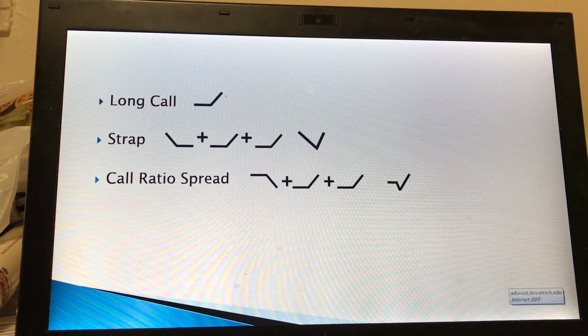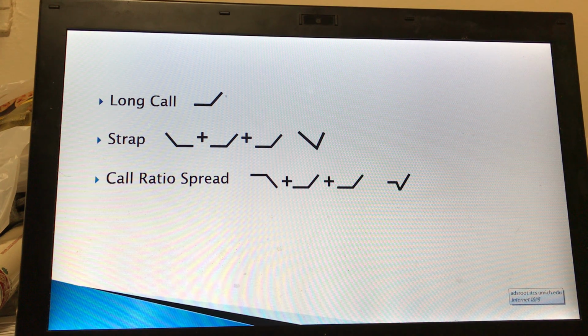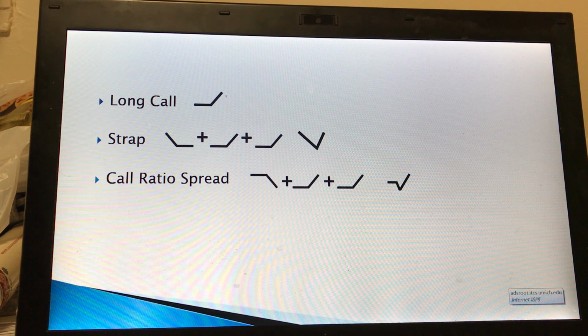If this is the case, this strategy can make you break even or even profit.